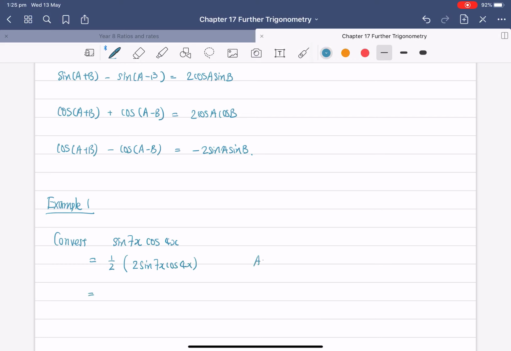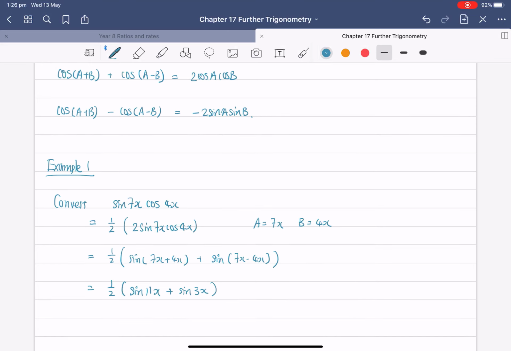In this case, a equals 7x and b equals 4x. So we can simply apply the formula, which tells you sine a plus b, that's 7x plus 4x, plus sine a minus b, which is 7x minus 4x. From here you get a half bracket sine 11x plus sine 3x.